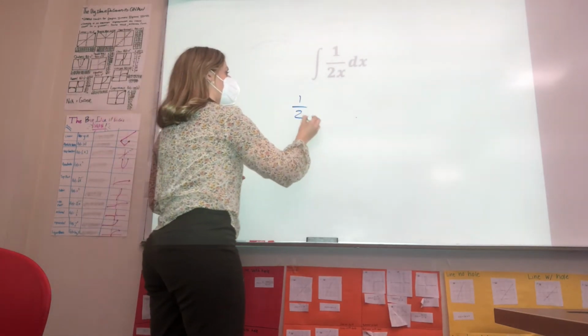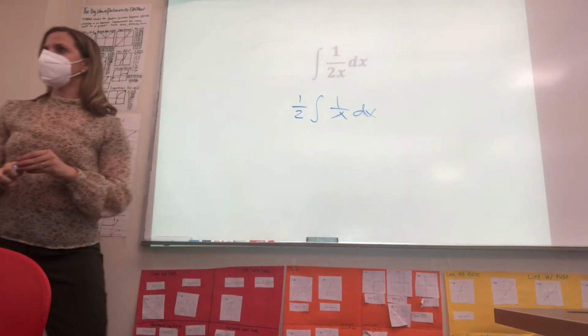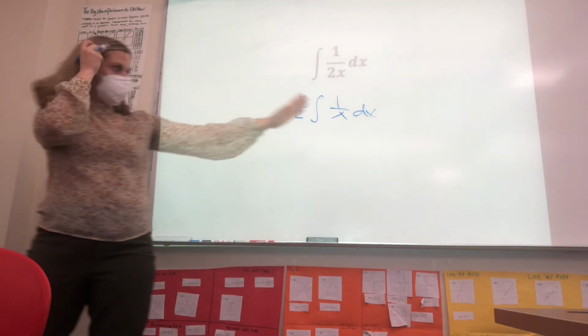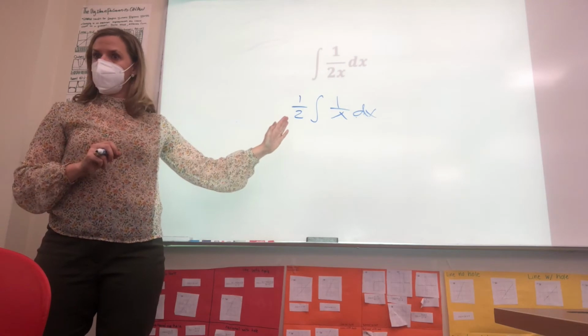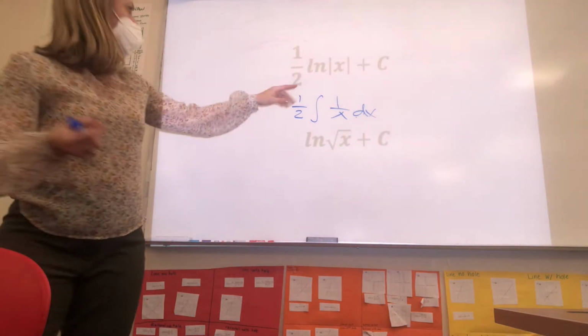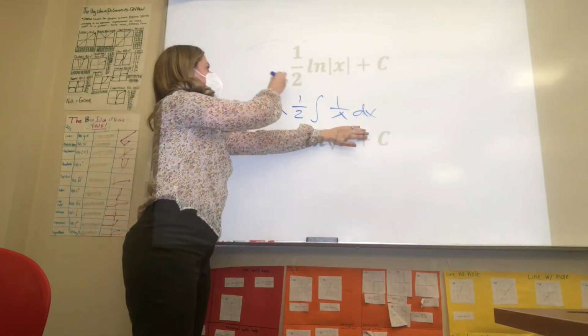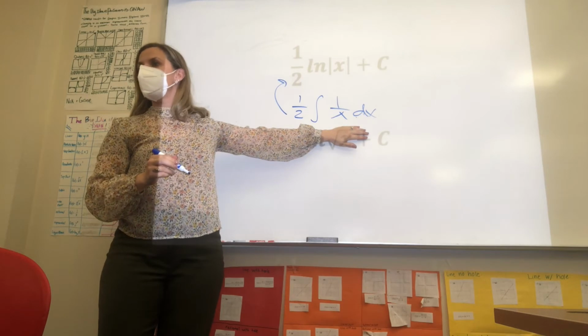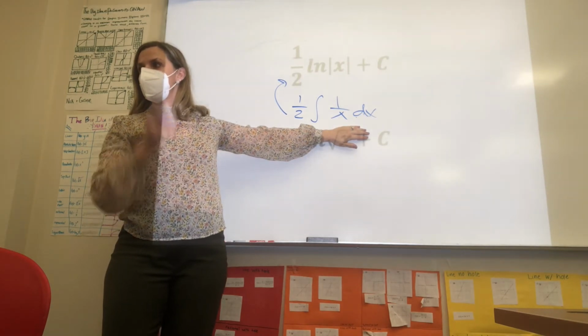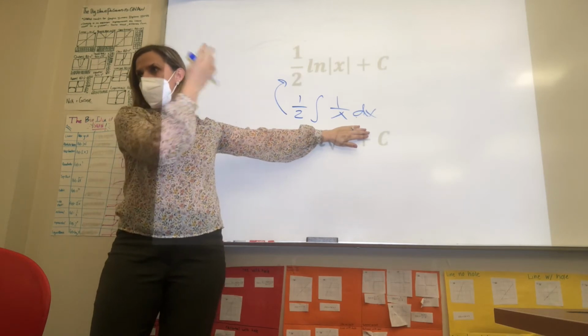So I'm going to rewrite this as 1/2 the integral of 1 over x dx. Constants, if you can pull them out, pull them out. Because what's the integral of that? Just a half ln of x, right? That's how you would do it. The 2 on the bottom just made it a half in front.